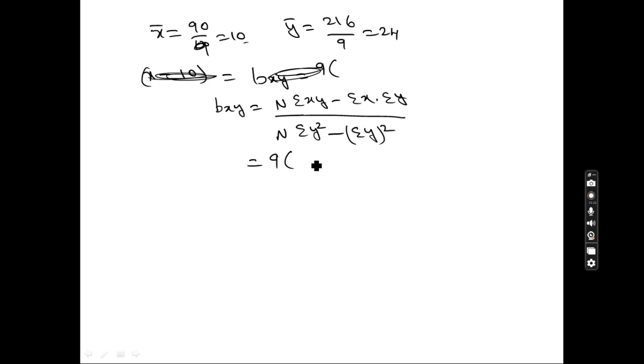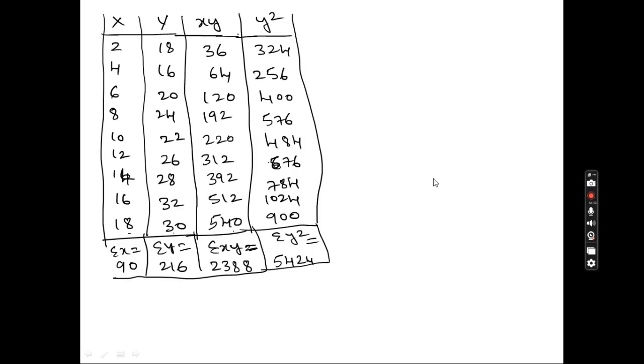Summation xy total is 2388, minus summation x total is 90, and summation y total is 216. So I replace all these values, and n is 9, and summation y square total I am getting 5424. These values I am copying from this table.